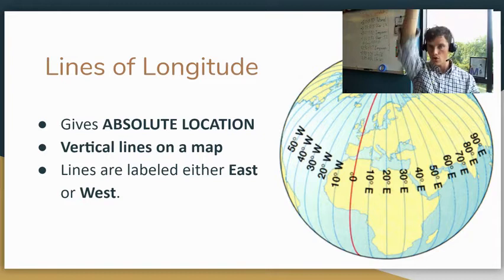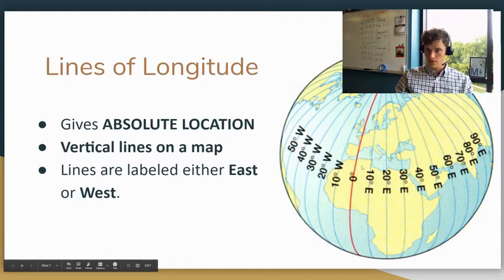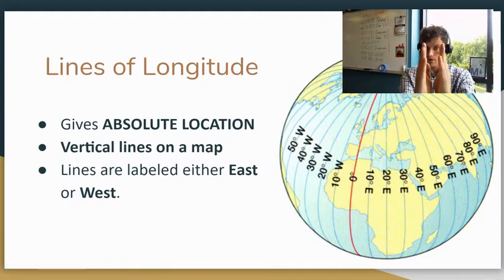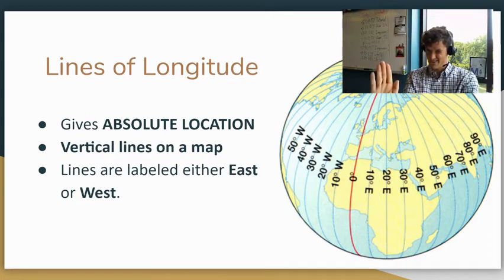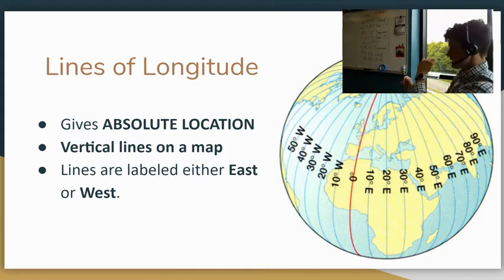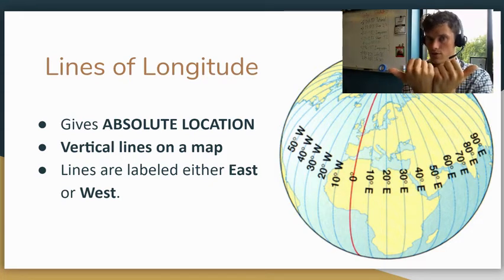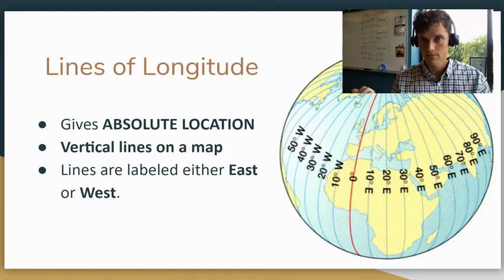Lines of longitude go cut like this. But if you look here on this little globe, notice how they go this way. So here's a line, here's a line, here's a line, here's a line, here's a line. What direction are they going? They're going to the east and the west, right?